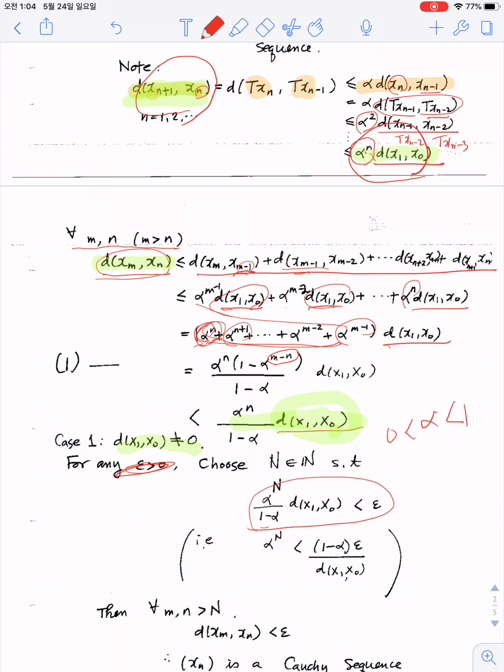So you take a large number n, and this becomes very small. So you can always choose a natural number satisfying these conditions.